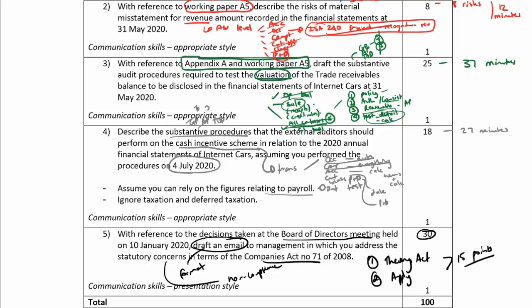Completeness, I've tested that everyone who meets the requirements has been included in that schedule. Accuracy, I've tested the details and the calculation. Cutoff, I've checked the date of payment. And presentation and disclosure are included as one of my general procedures. So I have tested all relevant assertions.